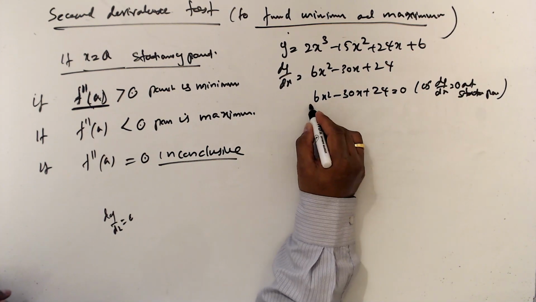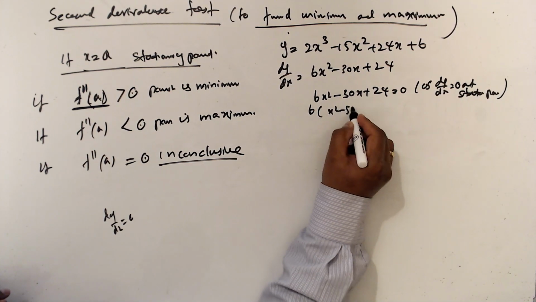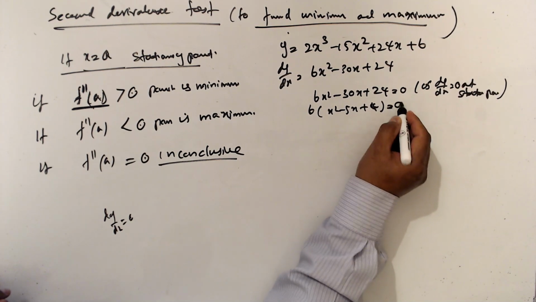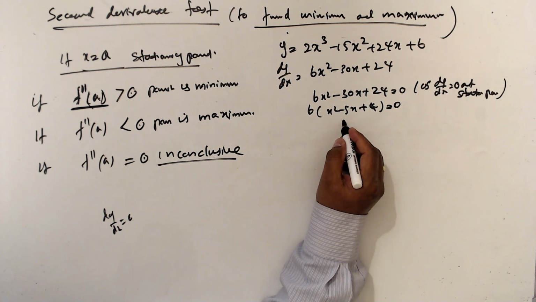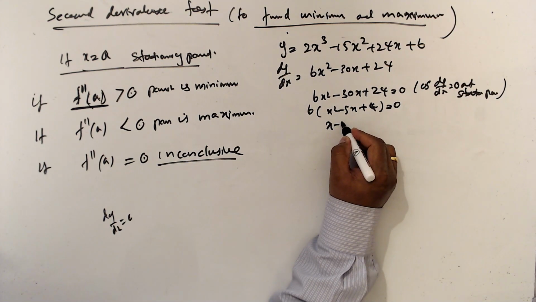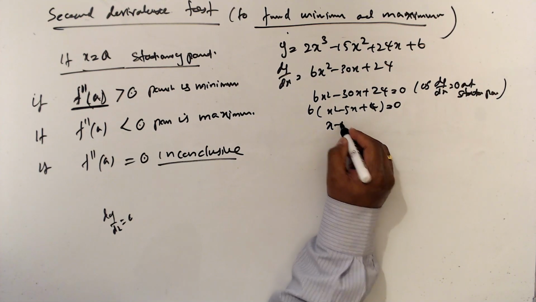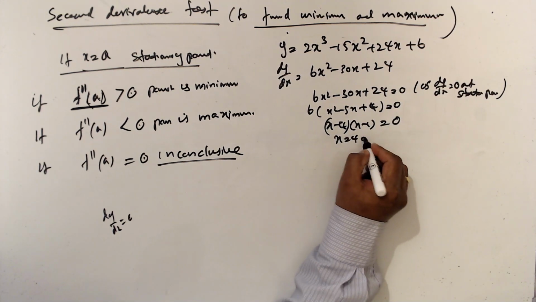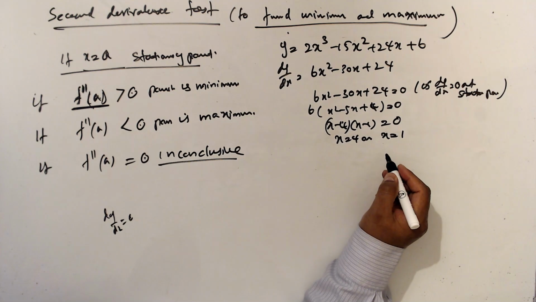Now I can take 6 out: x squared minus 5x plus 4 equals 0. Then x minus 4, x minus 1 equals 0, so x equals 4 or x equals 1.